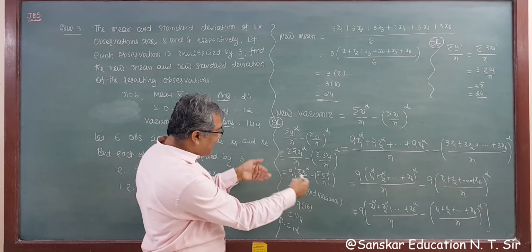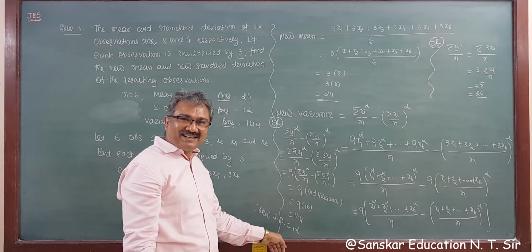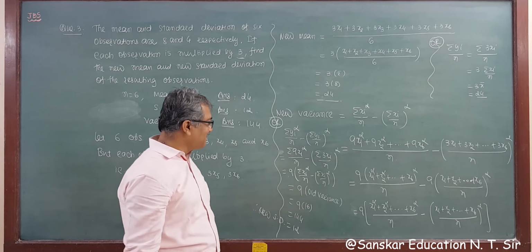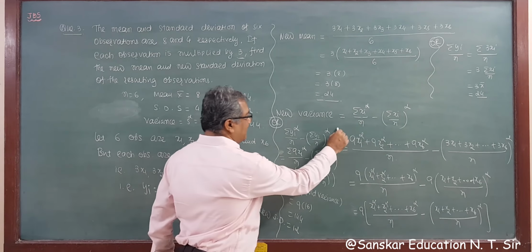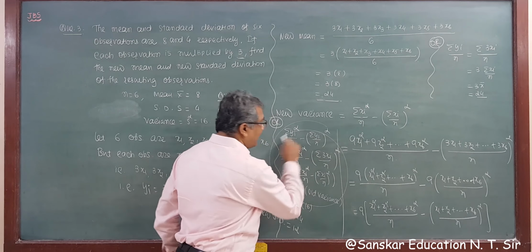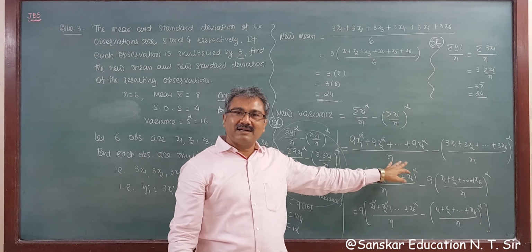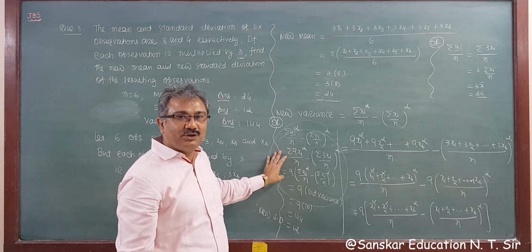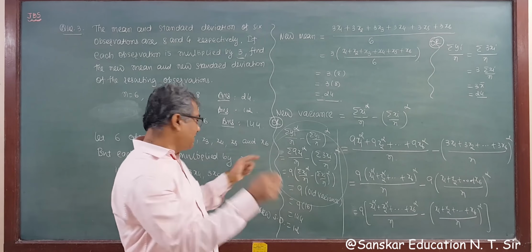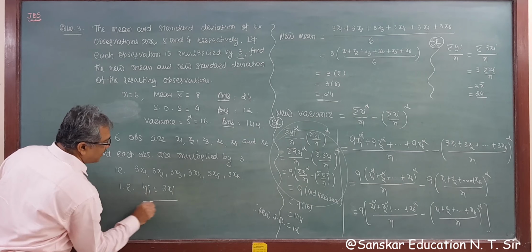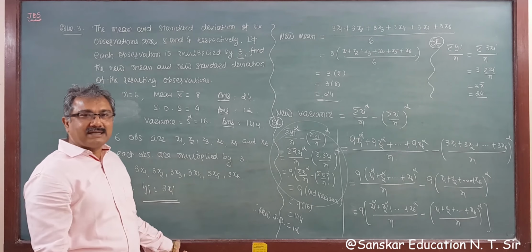So we are combining two methods in one way, right? Accidentally this happens. So you can apply either method. I think this is very convenient for you, right? But for that, this is important: yi is equal to 3xi. Okay?